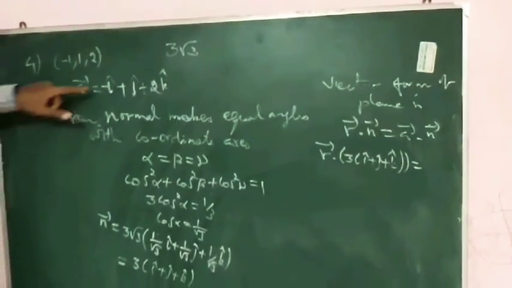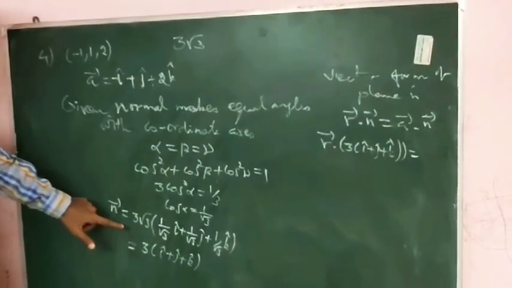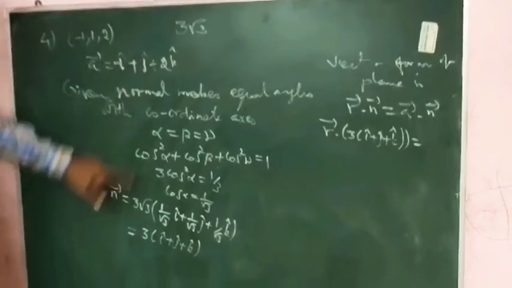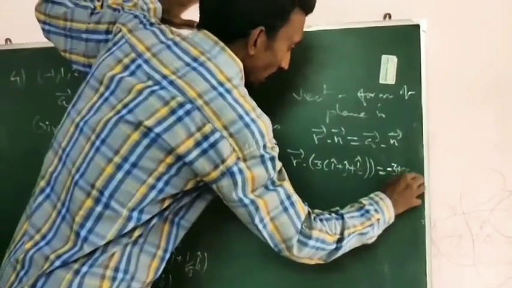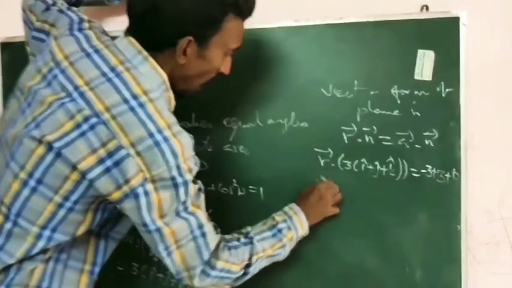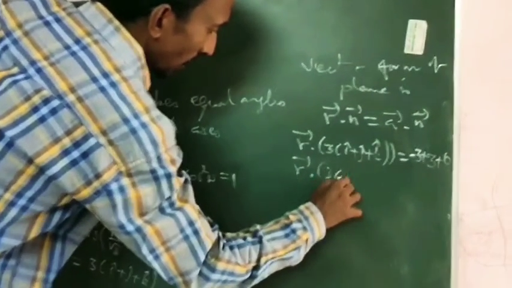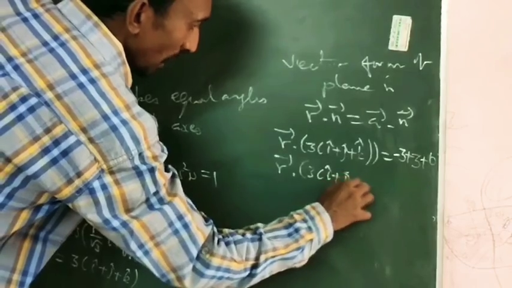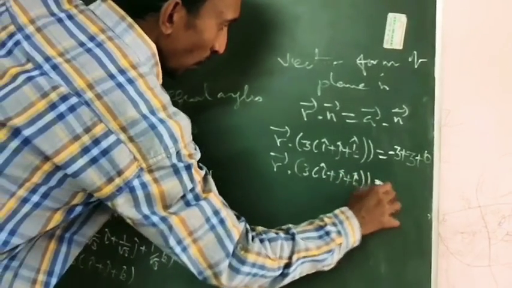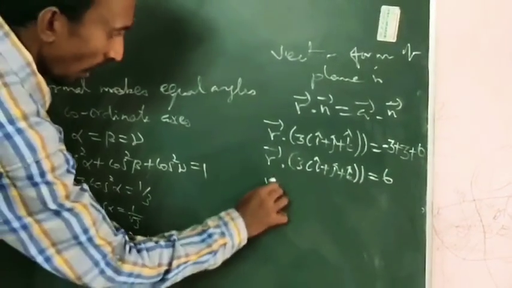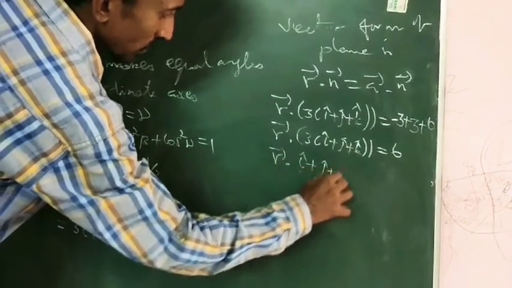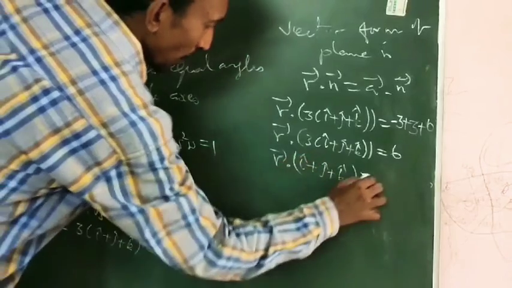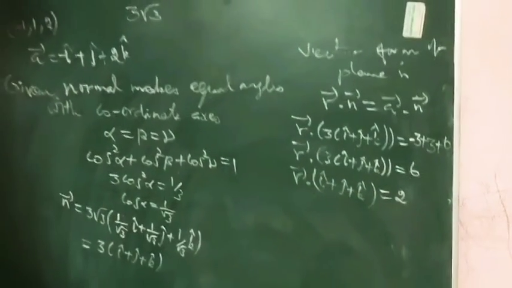I am getting directly minus 1 into 3, plus 1 into 3 plus 2 into 3. So minus 3 plus 3 plus 6. So r dot 3 into (i plus j plus k) equal to 6, divided by 3, r dot (i plus j plus k) equal to 2. It is the vector form of the plane.